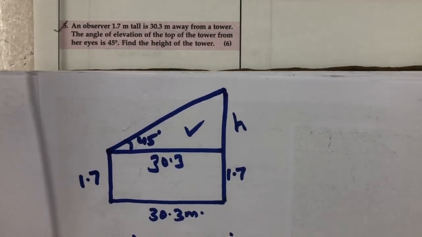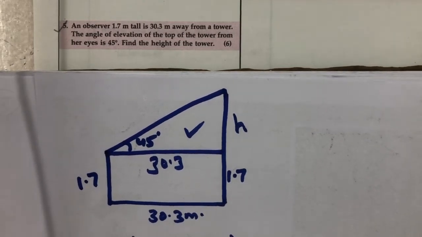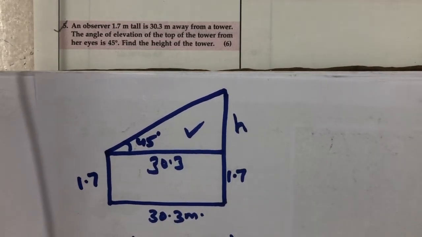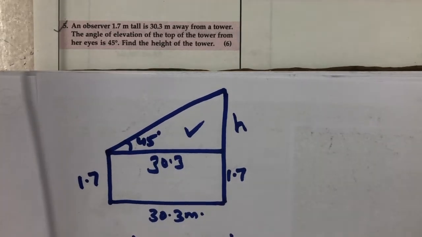So h equals 30.3 meters. So the total height equals 30.3 plus 1.7. What we are getting is 32 meters, that is the answer.